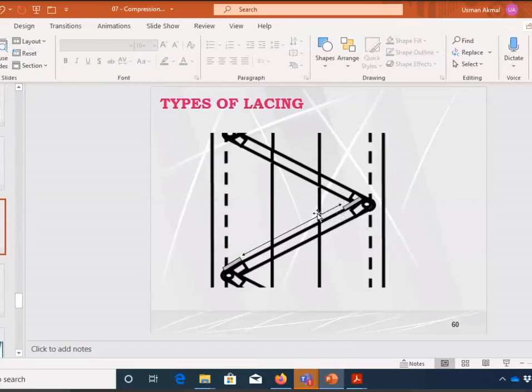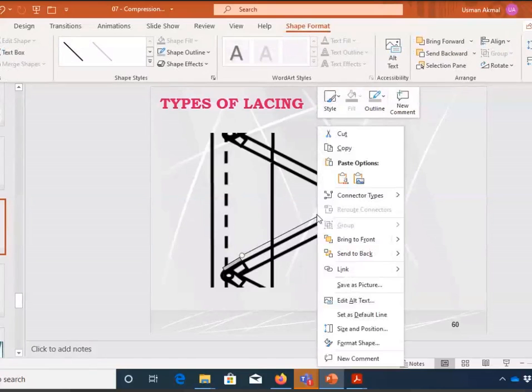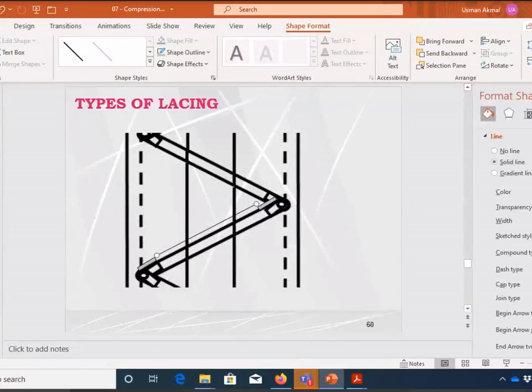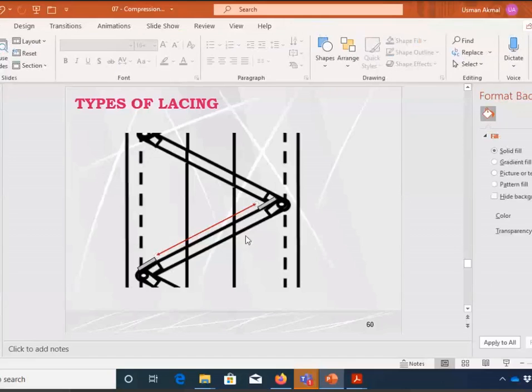So this will be the A value. From the edge of this weld to the other edge, if we are not using the fastener but we are welding this lacing on both sides, the distance from the edge of this weld to the other edge will be the effective length for single lacing. And this length will be multiplied by 0.7 if we are using the double lacing.